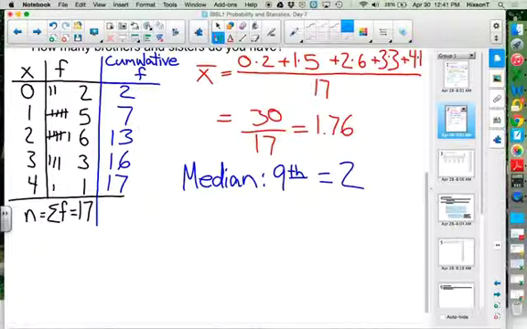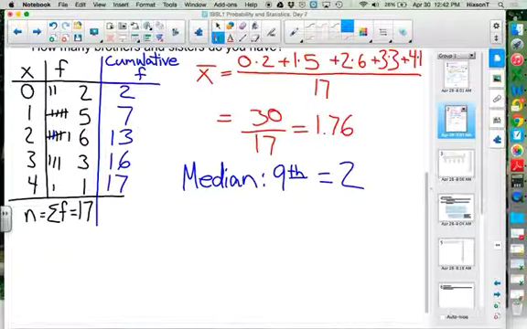So it's 2. Okay? We want the ninth score. Here's 2. The last number 1 is the 7th term. So the 8th term would be a 2, and the 9th term would be a 2. Okay? If you have the little marks here, you can use those. 1, 2, 3, 4, 5, 6, 7, 8, 9. So technically, that one would be our median.